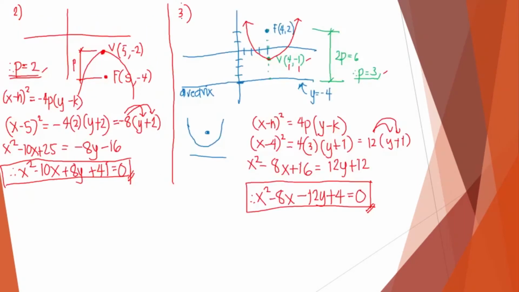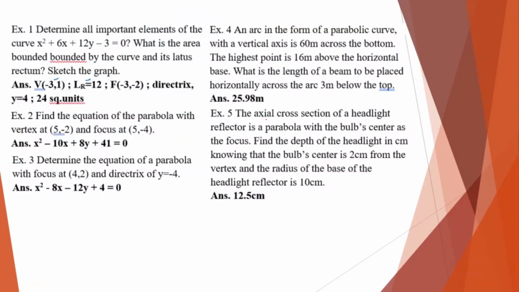For number 5, the last example: the actual cross-section of a headlight reflector is a parabola with the bulb's center as the focus.